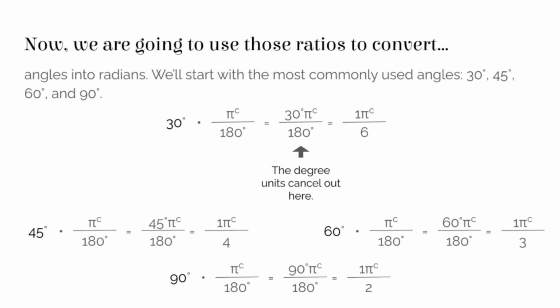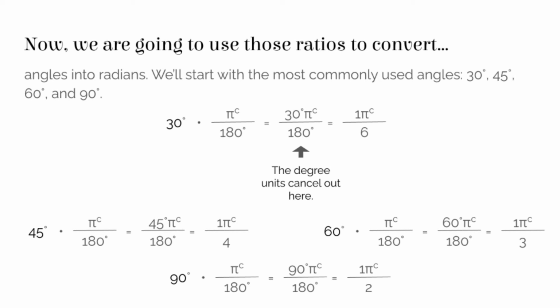We'll start with the most commonly used angles: 30 degrees, 45 degrees, 60 degrees, and 90 degrees. 30 degrees multiplied by pi radians divided by 180 degrees equals 30 degrees multiplied by pi radians over 180 degrees. The degree units cancel out here.